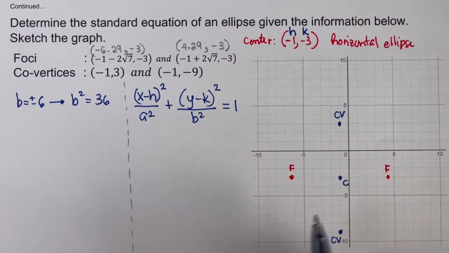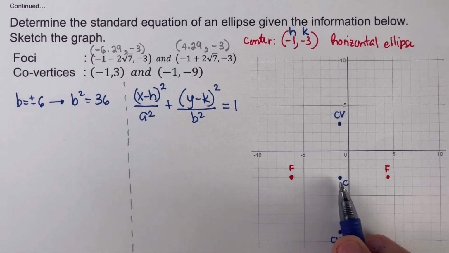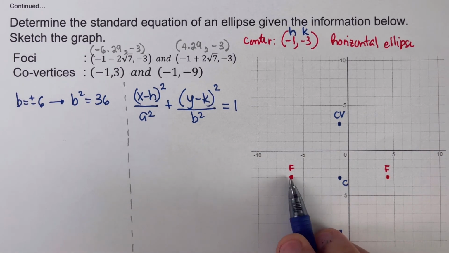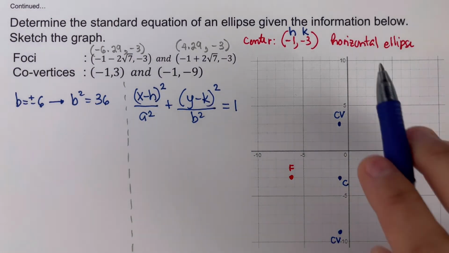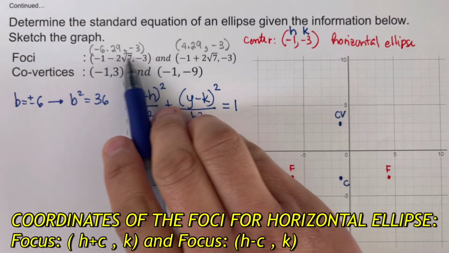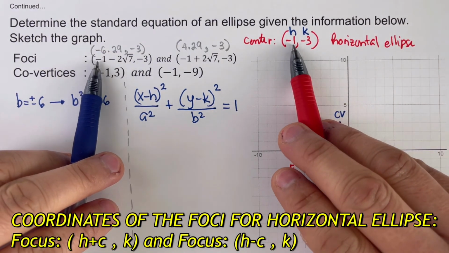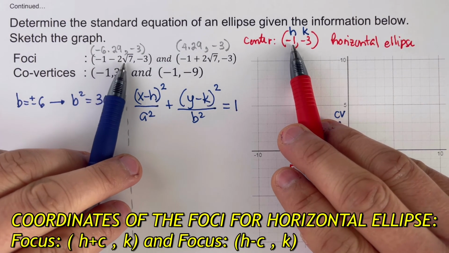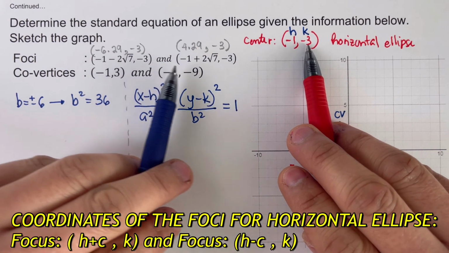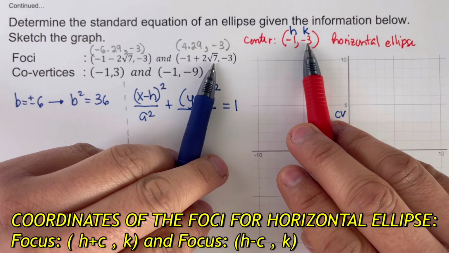A is the distance from the center to the vertex, but we don't have the coordinate of the vertex, but we have the distance from the center to the focus. Now we remember that since this is a horizontal ellipse, the coordinates of the foci are represented as h minus c, comma, k, and h plus c, comma, k.